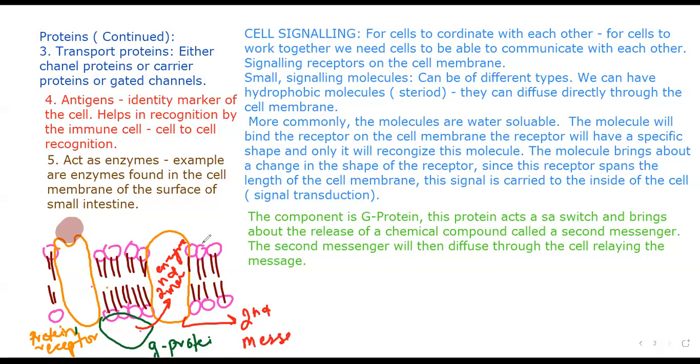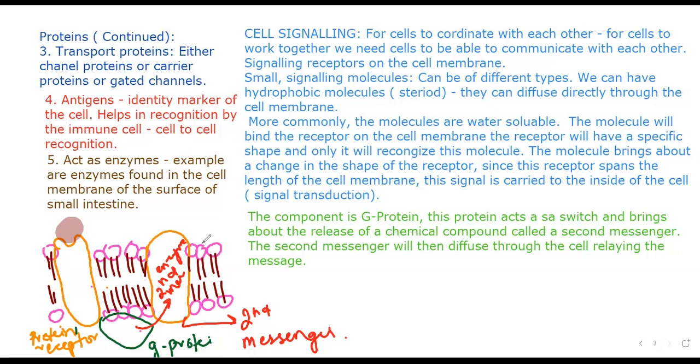Now here is something very interesting. One signaling molecule can lead to a lot of second messenger molecules being released.